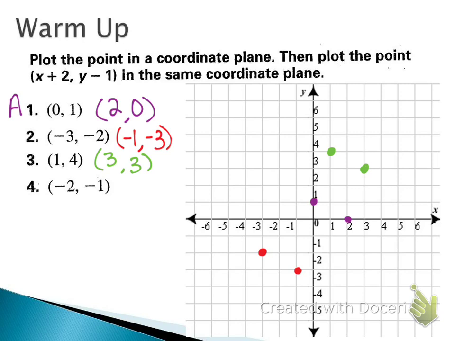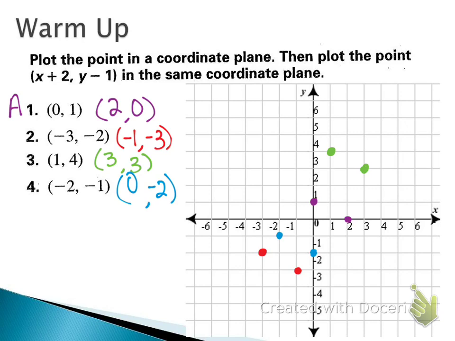And last, we've got the point -2, -1. Left 2, down 1. And then if we change it, 0, -2. How do we get there? Good. Okay.